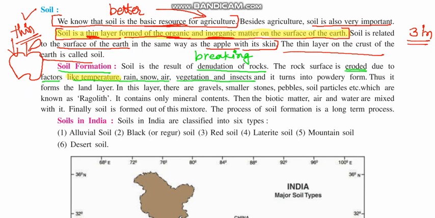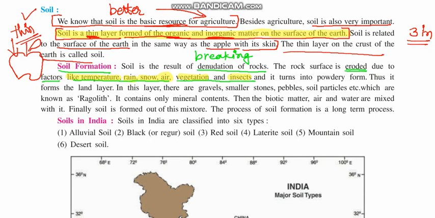One is temperature, due to extreme temperature, heat and cold. Second is rain. Third can be snow. Air also breaks it; continuous air also breaks the rock. Next are vegetation and insects. So these are some of the factors due to which the rocks are eroded.